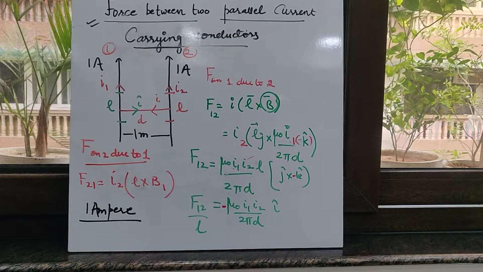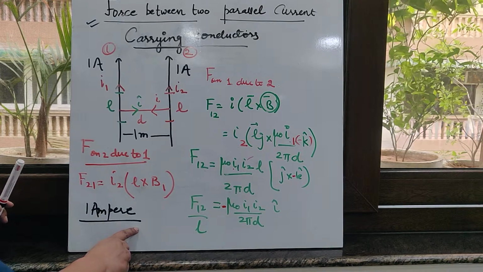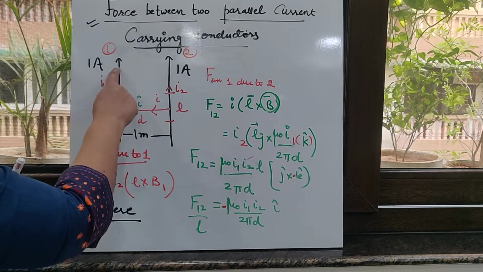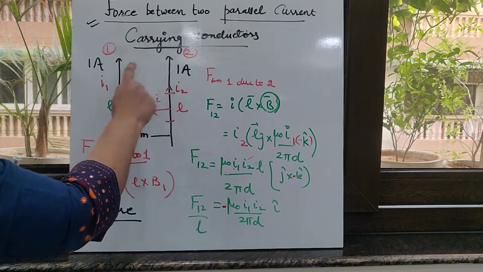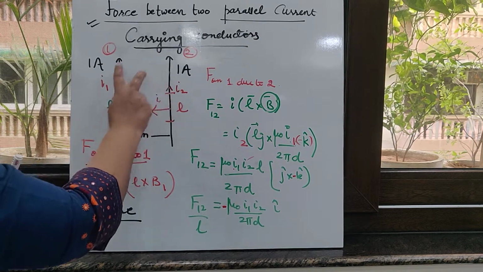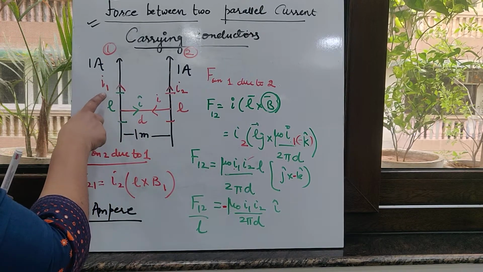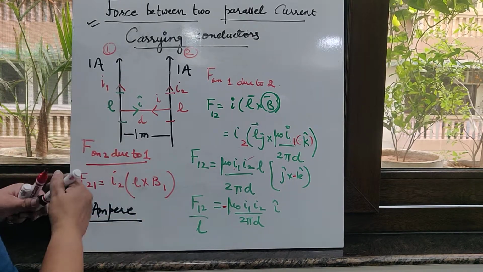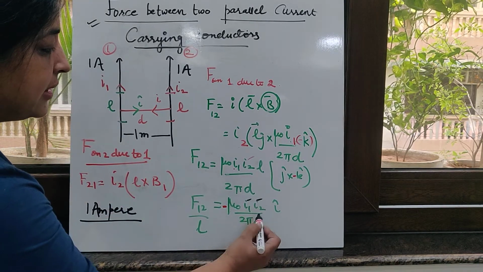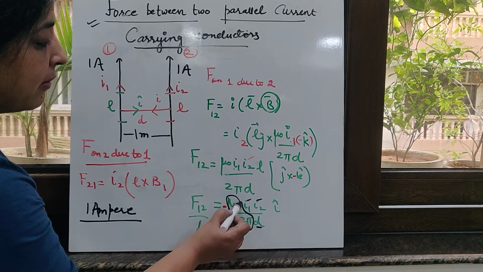So I will say that 1 ampere of current is that amount of current which, when it flows through two conductors lying parallel to each other, will exert a force of how much? This is 1, this is 1, this is 1. So we are left with mu naught by 2 pi, right?